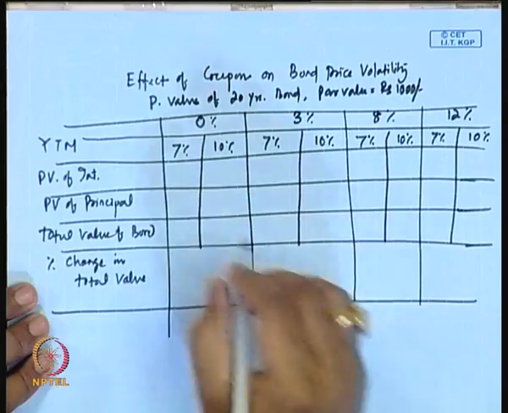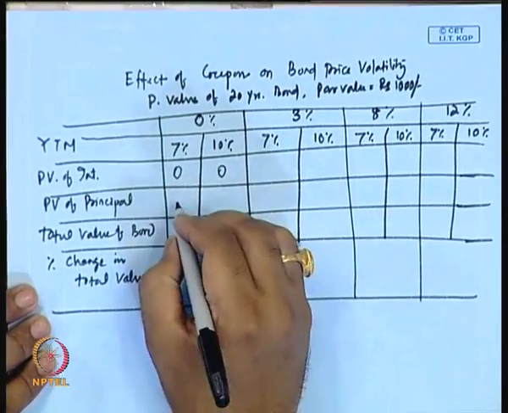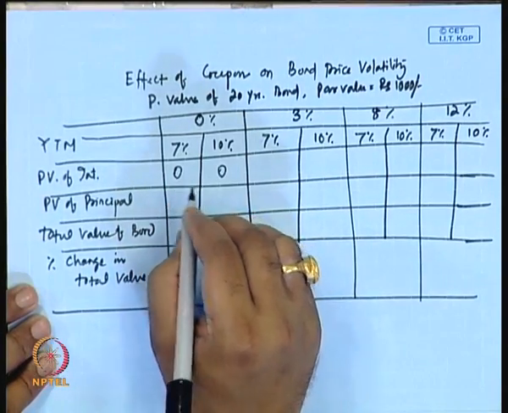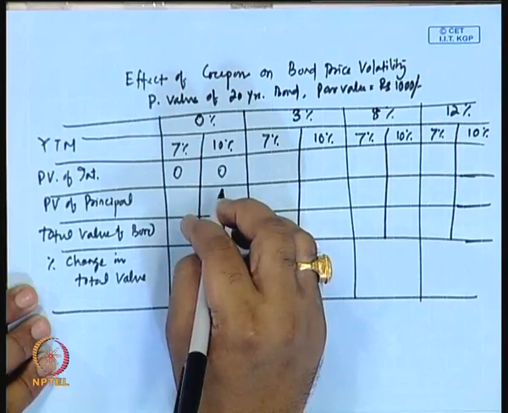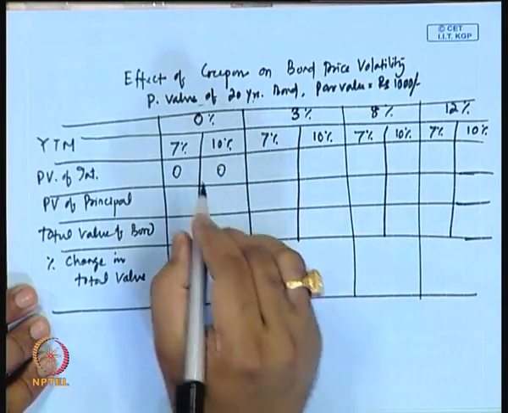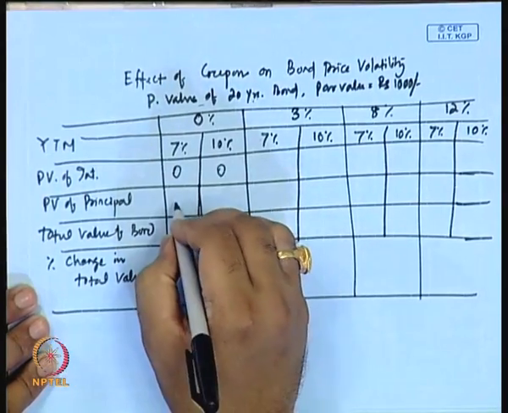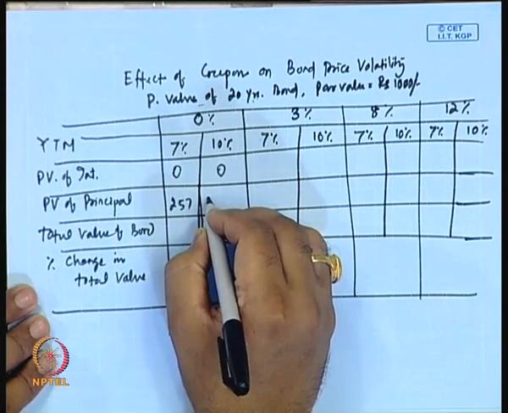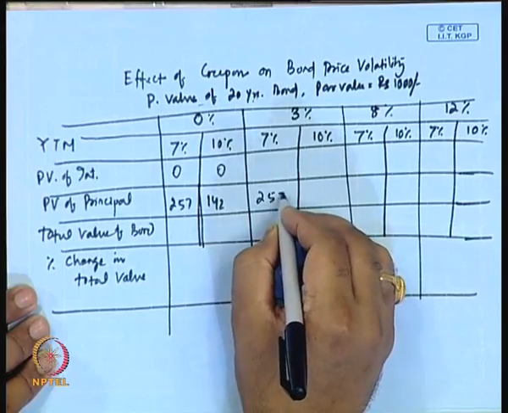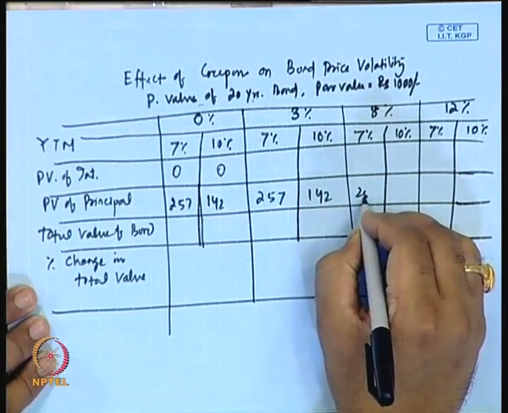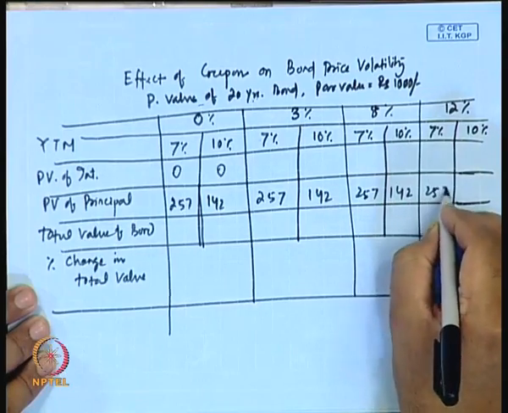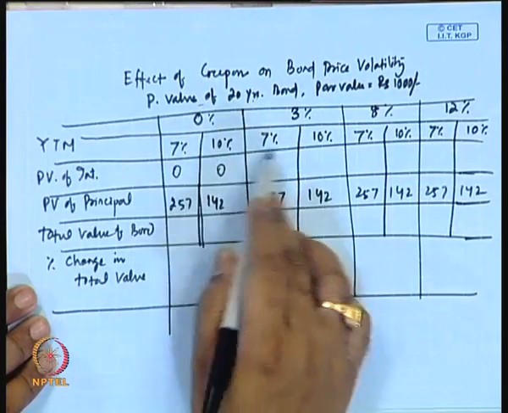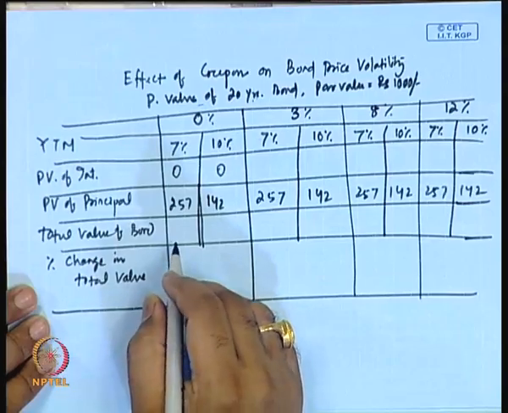Here it is 0, 0, there is no coupon. For the 0% coupon, the present value of the principal, for 20 years, since we have taken a 20 year term to maturity, will be 257 and 142, and everywhere it will be the same, 257, 142, 257, 142, because we are only taking the 20 year bond, where the rate of interest is 7% and 10% respectively.